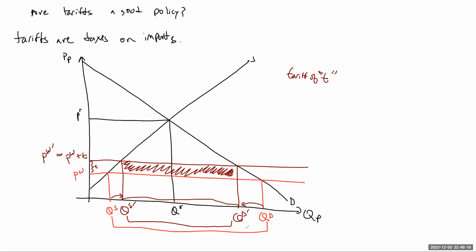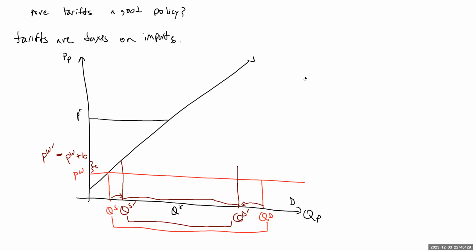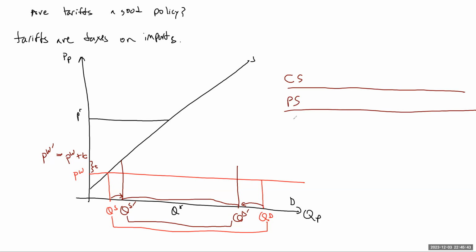So now what I'm going to do is erase some of these parts and do a welfare effect. I'm going to study what happens. Does the welfare of Tahiti increase when you put tariffs in? So let's look at this. We're going to have consumer surplus, producer surplus, government surplus, or tariff revenue, and then total surplus.